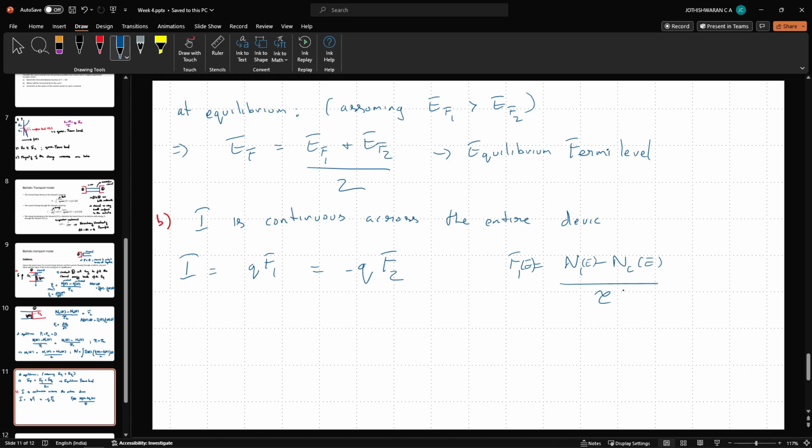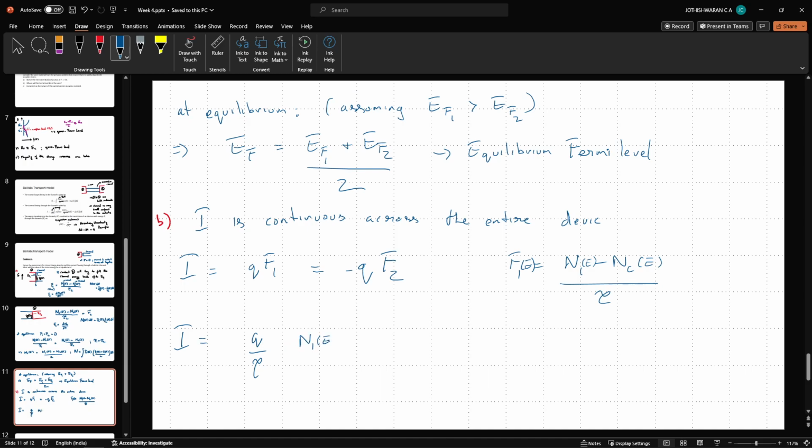So what we will have is Q times this quantity. Therefore I will be equal to Q. Let me keep tau over here separately for a second.